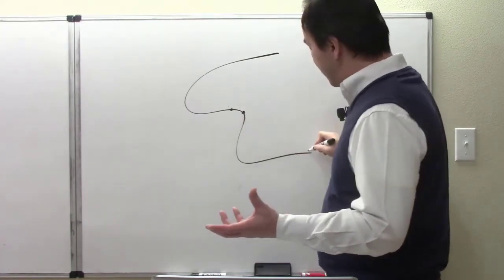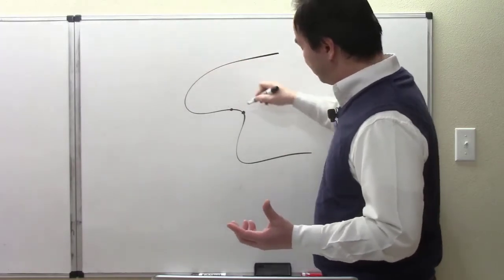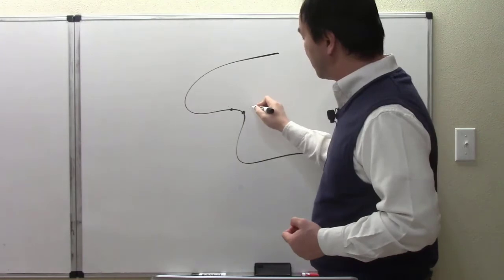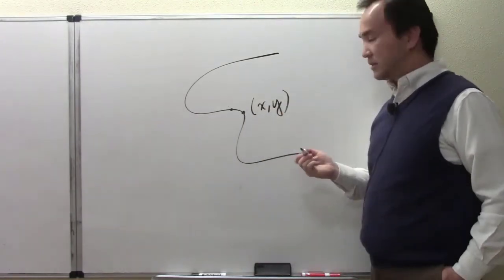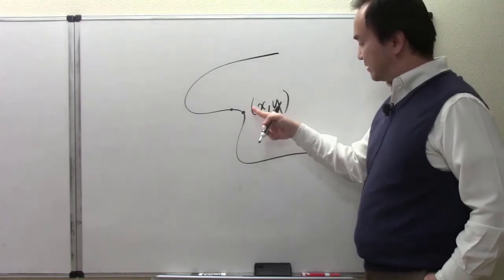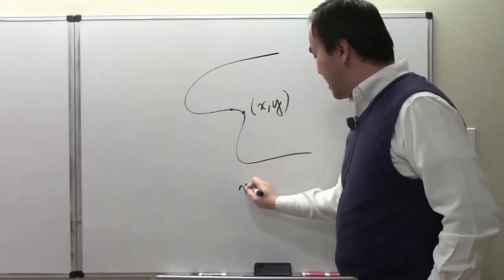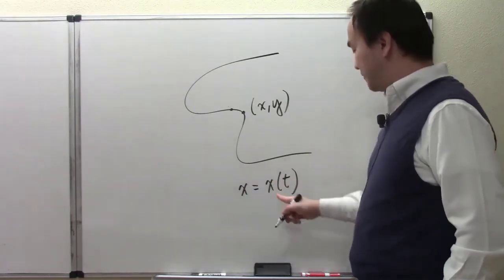Any of these points, we can think of as a position. If we have a particle moving on this path, this curve right here, then each point on the curve is a position, and x and y are the coordinates of the current position of the particle. We have already learned that the x coordinate can be expressed as a function x of t.